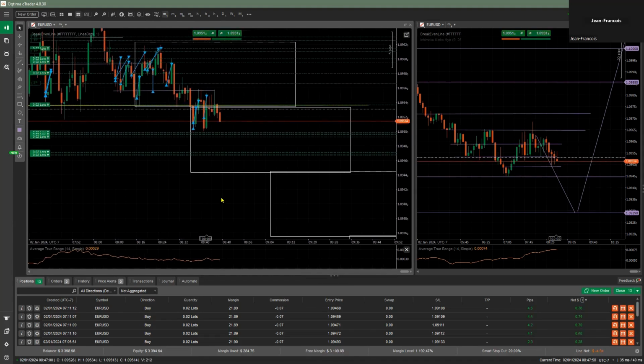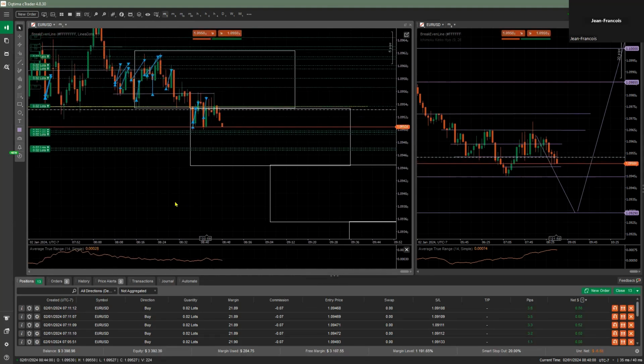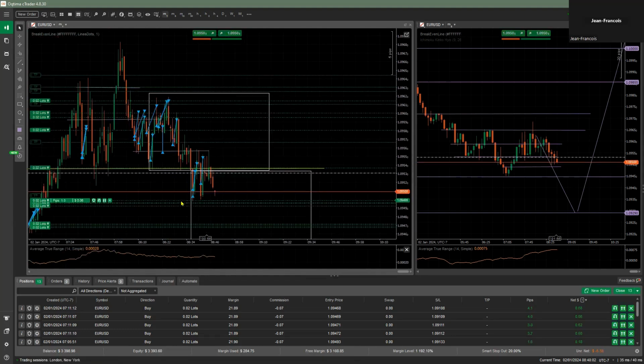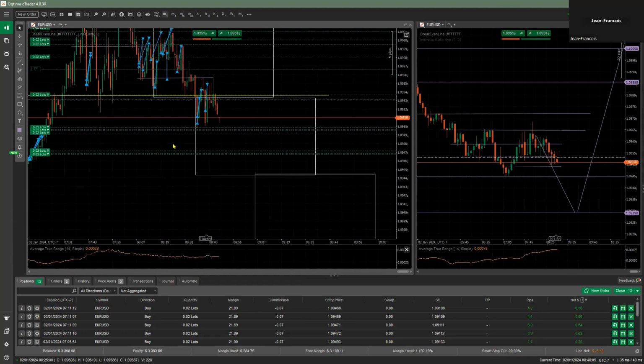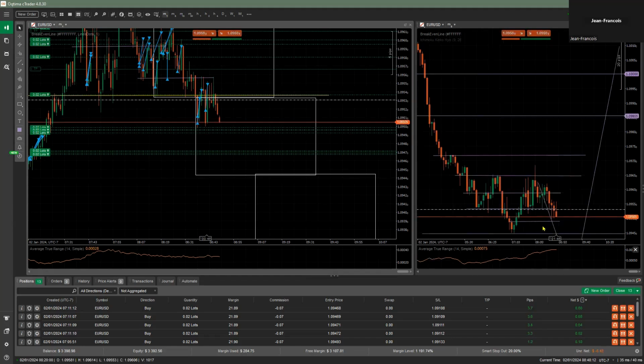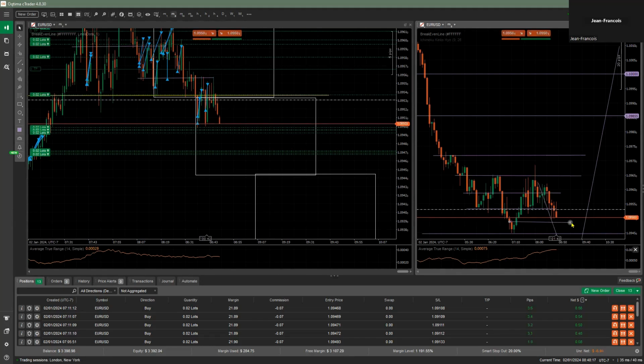Just leave it like this. If you have money to spend, we're back to support. We're back to that rung on our ladder. It would be a good place to buy right here.